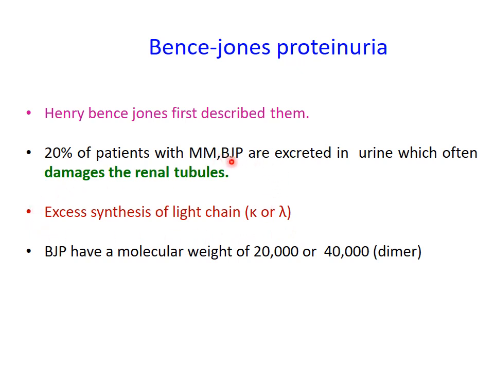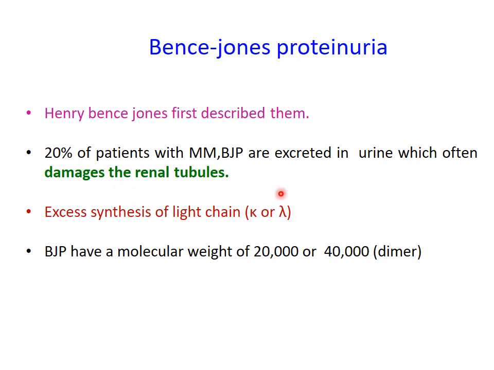This Bence-Jones protein is composed of light chains, either kappa or lambda varieties, produced in excess quantity. This light chain protein, called Bence-Jones protein after its discoverer's name, is excreted in the urine and causes renal damage.